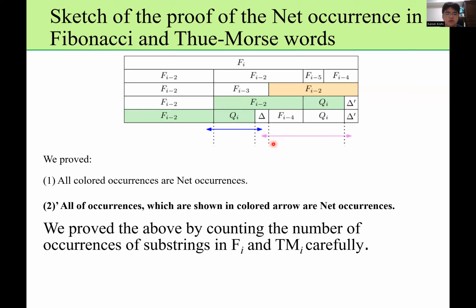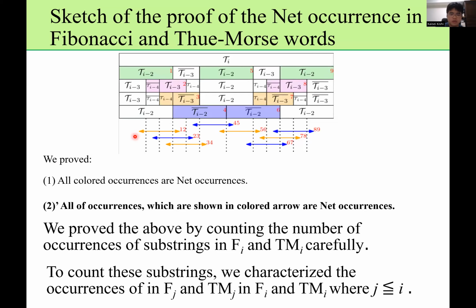So therefore, the longer pink arrow is also unique in Fibonacci. So this means that the substring shown by the pink arrow is not a net occurrence in Fibonacci. And we count the number of occurrences of substrings in Thue-Morse similarly.